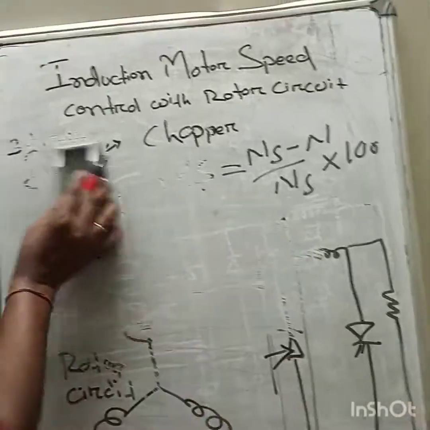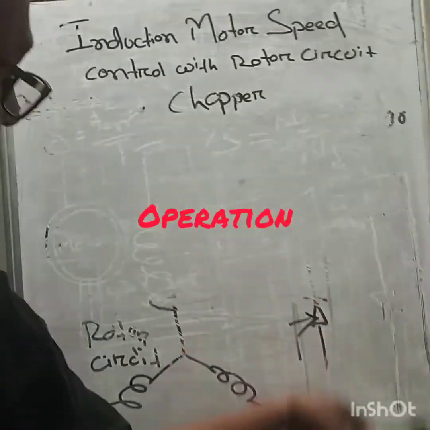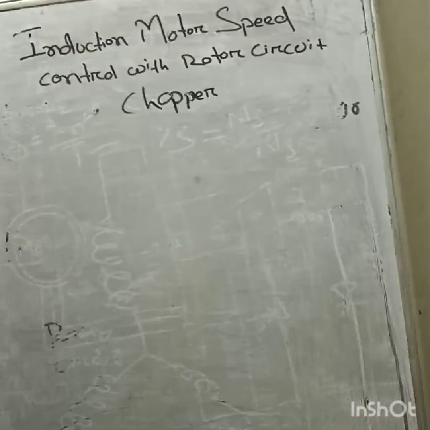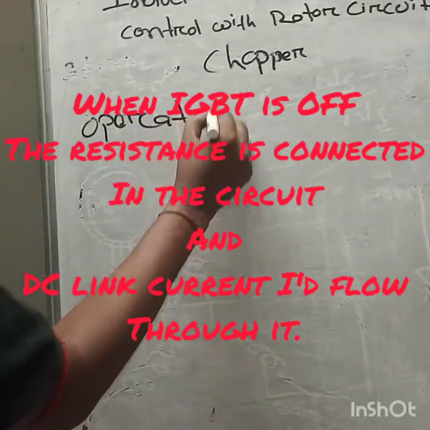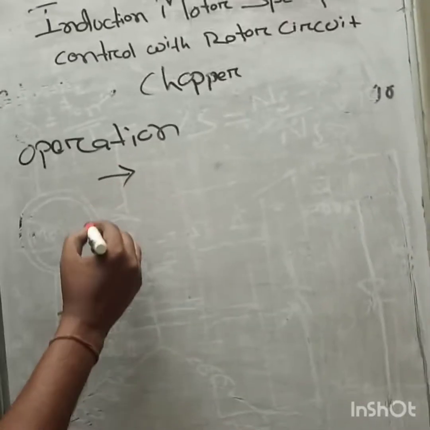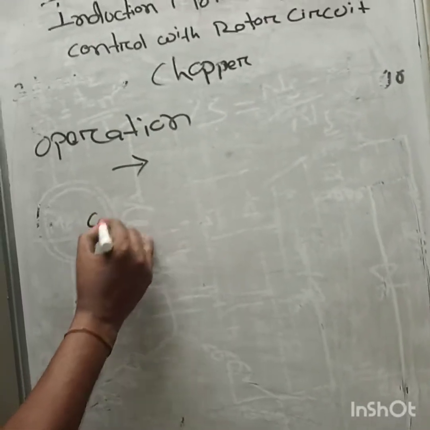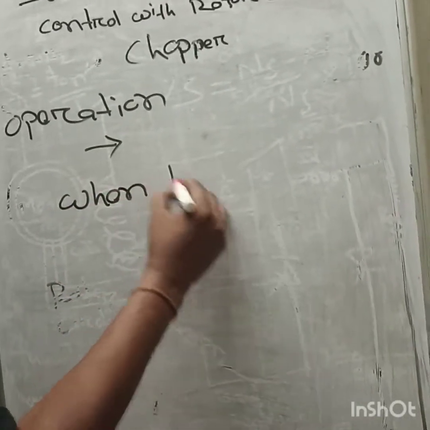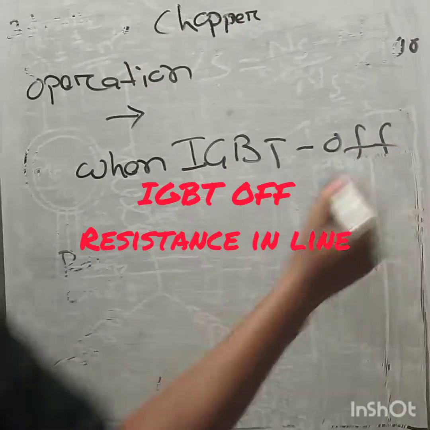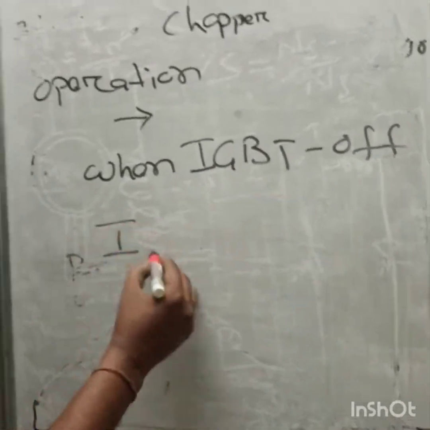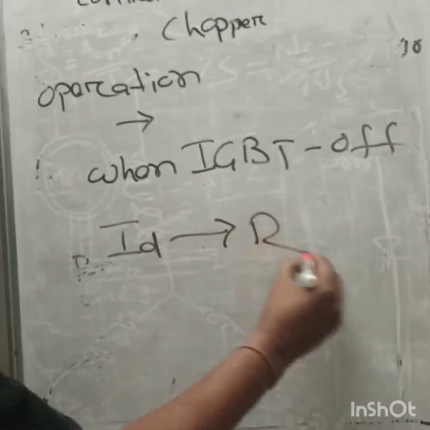Now you can see what the operation is. When the IGBT or chopper is off, then the current ID flows through the resistance.